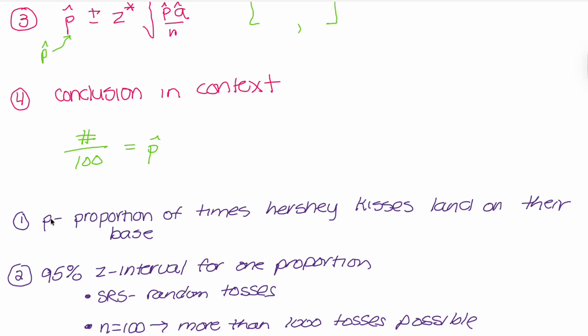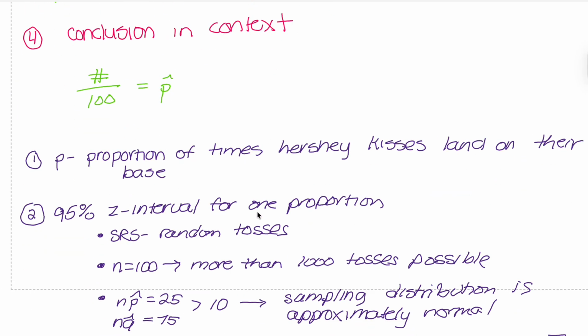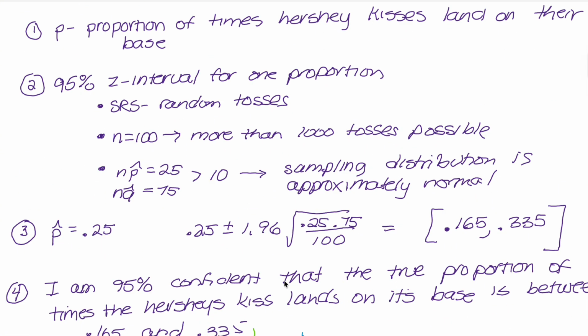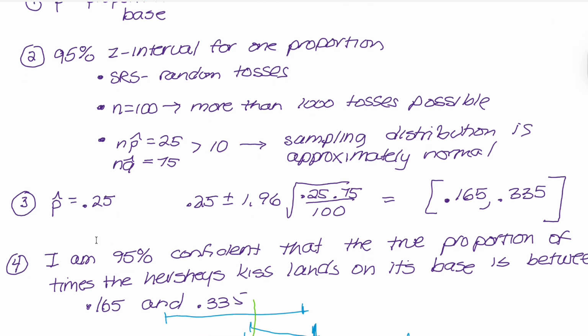First, as always, p, as we stated before, is the proportion of times Hershey's Kisses land on their base. Second part, 95% z interval for 1 proportion. Those are the conditions I already stated. You can just feel free to take a glance. Third step, state what p hat is. P hat is 0.25, and this is the value that we got in class.